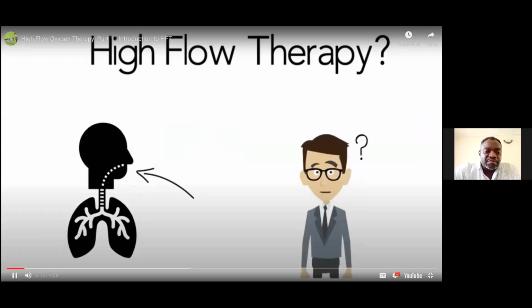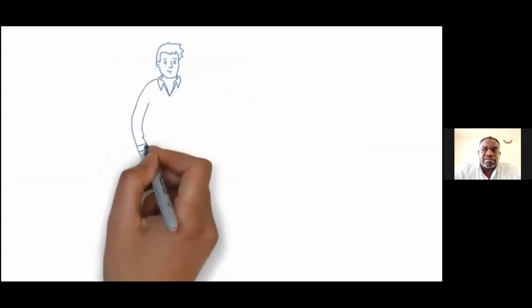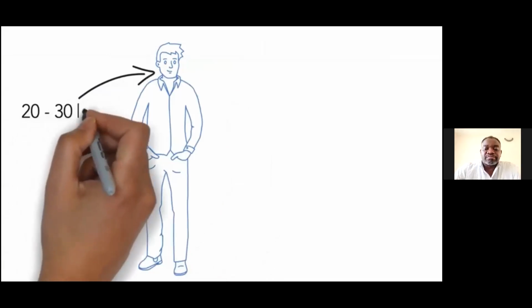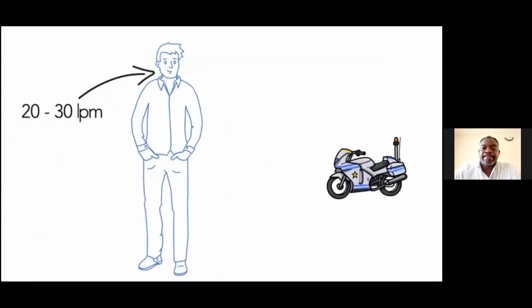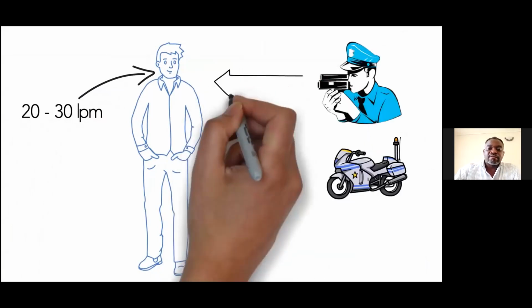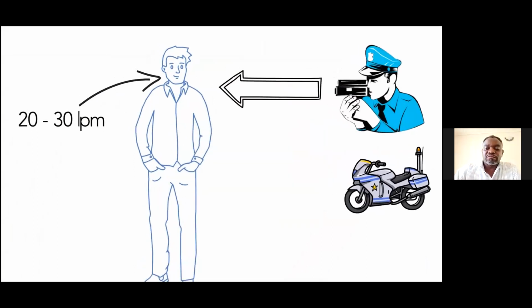What does that mean? Well, did you know that at rest, the average adult will inhale at a speed of 20 to 30 liters per minute? In other words, if someone was standing next to you right now with a radar gun pointing at your nose, capable of measuring how fast you're inhaling while you're relaxed, the speed at which you inhale would be around 20 to 30 liters per minute.